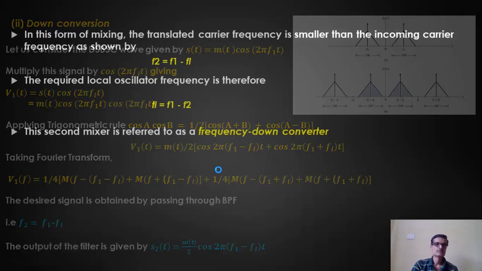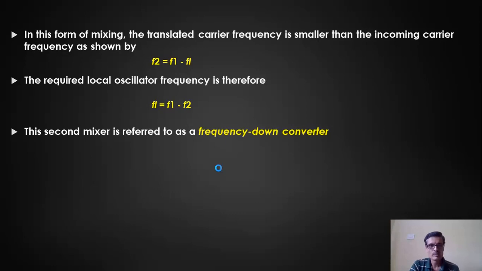In this mixing operation we got a new frequency F2 equal to F1 minus FL. If I rearrange this equation, the local oscillator frequency FL is F1 minus F2. So this process is called frequency down conversion.